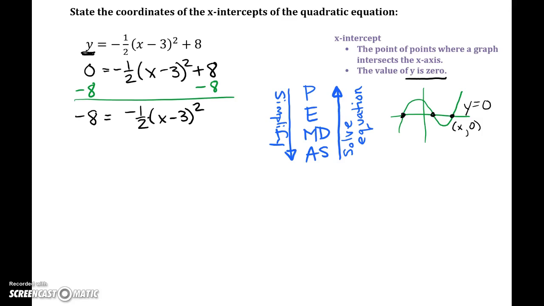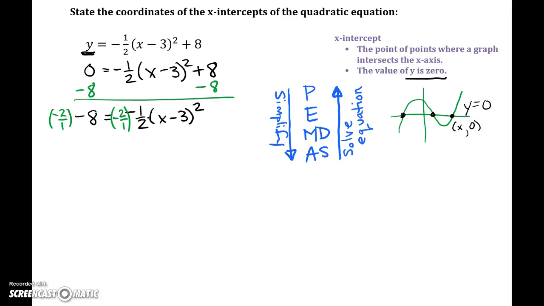So instead of dividing by the fraction, I'm going to multiply by the reciprocal of -1/2. The reciprocal just means you flip the fraction over, so it's going to be -2/1. And if I multiply on one side of the equation, I always have to remember to balance it by multiplying the other side of the equation.